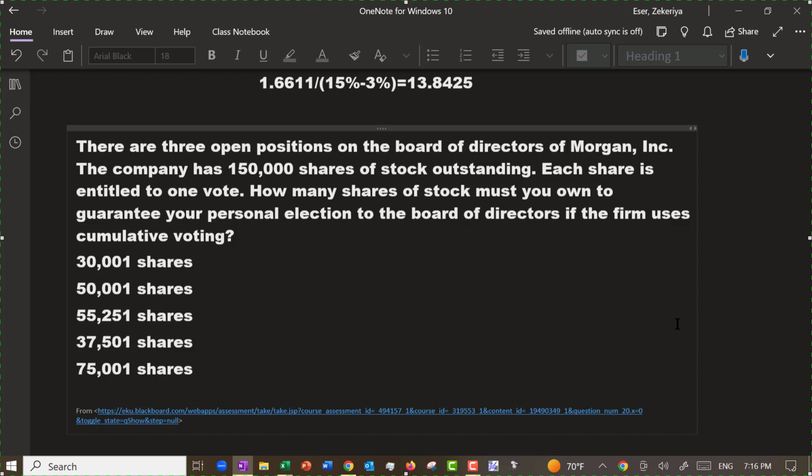Remember the formula, 1 over N plus 1 times number of shares. Exactly. N is 3, and plus 1 is 4, so you need 1/4 plus 1. 1/4 of the shares plus 1. I was imprecise myself. Well, 1/4 of 150,000 shares is 37.5. Add 1, 37,501.